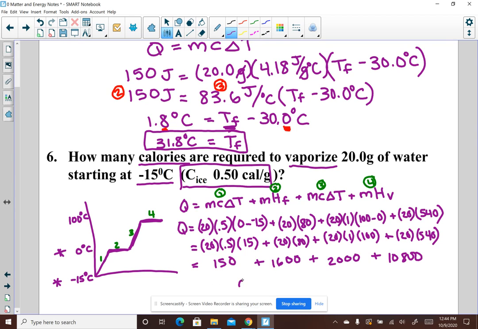So if I take all of those numbers and I add them up, that's 1,600 plus 150. You guys should all be doing this too, just to make sure. 14,550 calories.